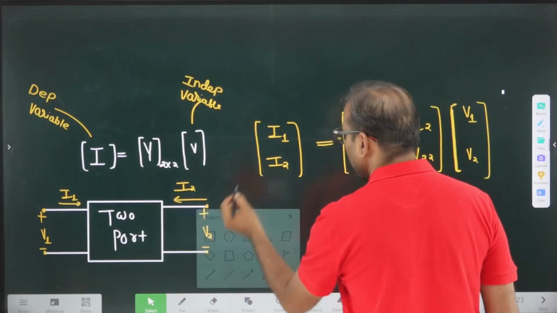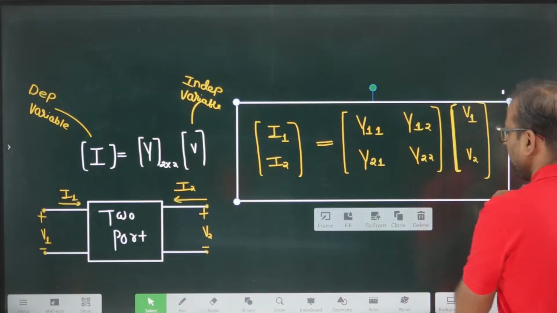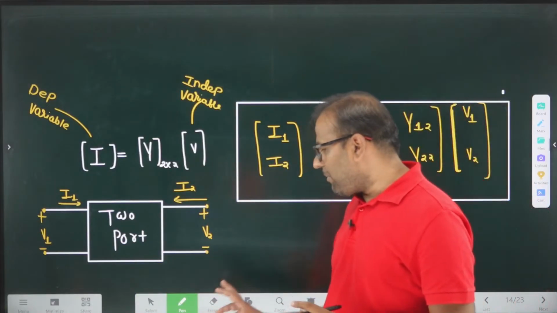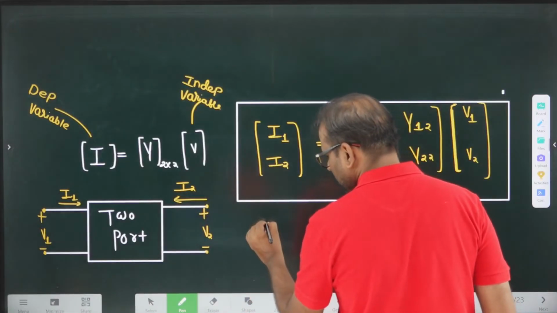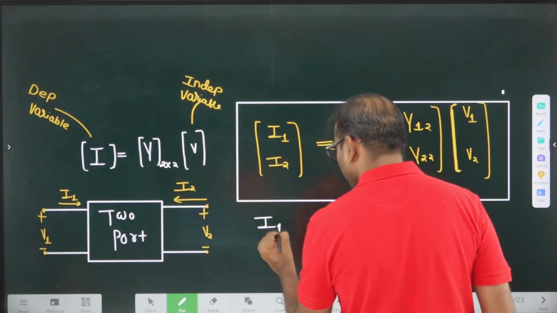What will be the name of this parameter? Y parameter. Or I can write it in the form of equations also. What is the first equation? The first equation is I1.